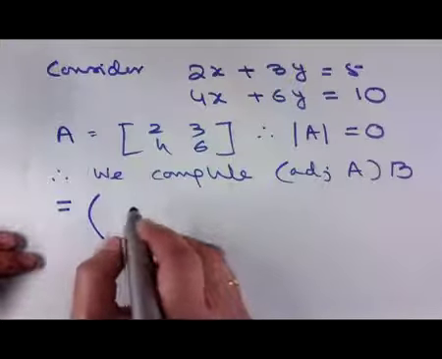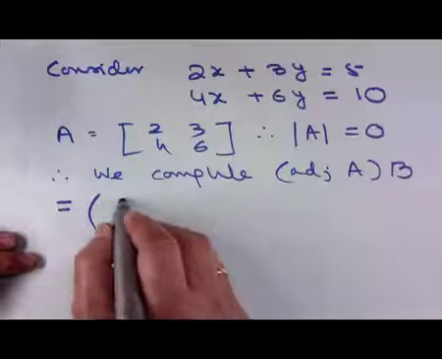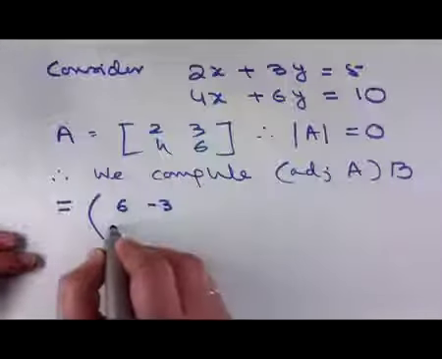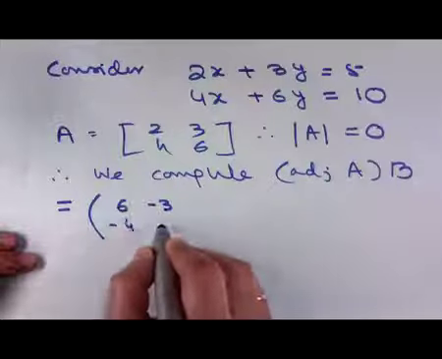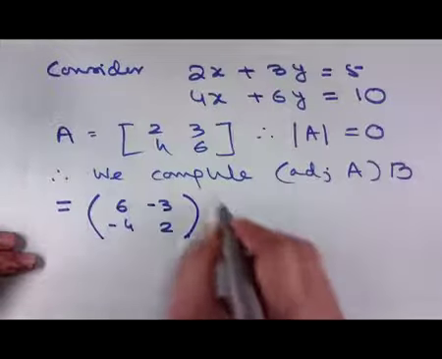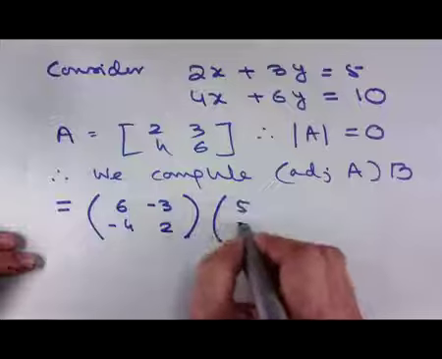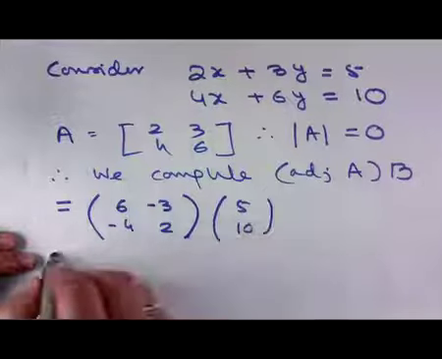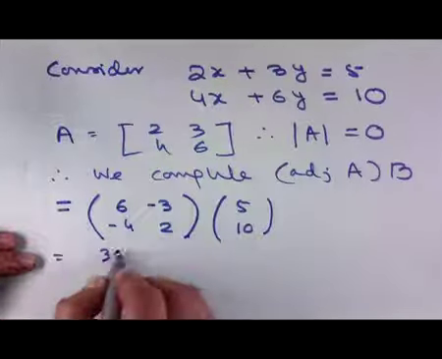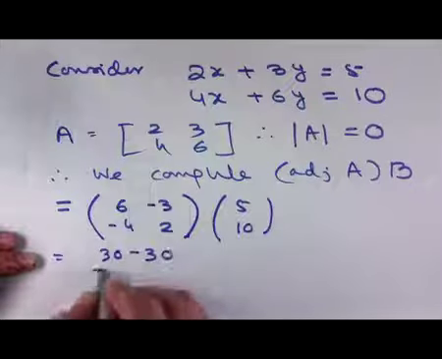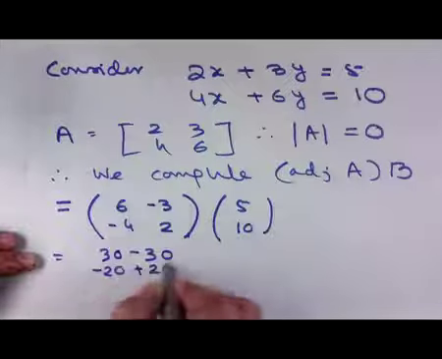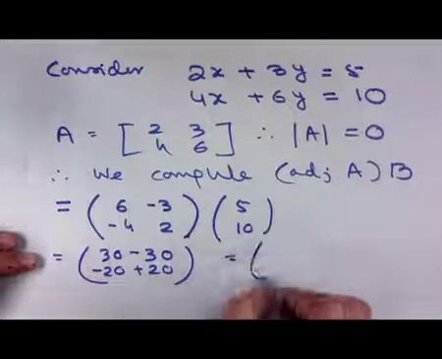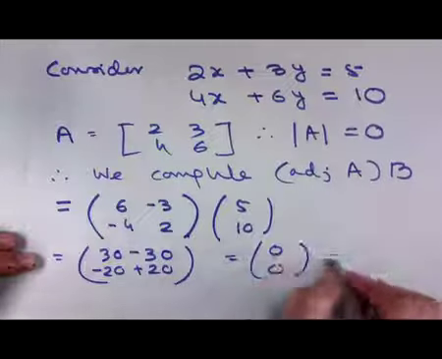Therefore, the adjoint of this matrix is 6, minus 3, minus 4, 2, and if we multiply this with 5, 10, we get 30 minus 30, minus 20 plus 20, is equal to 0 0.